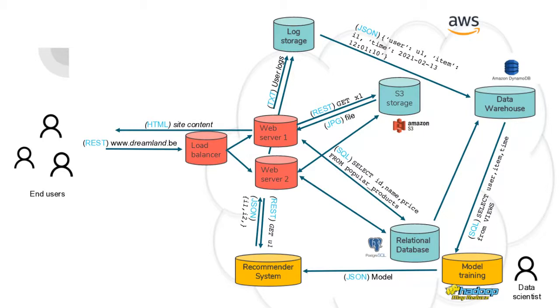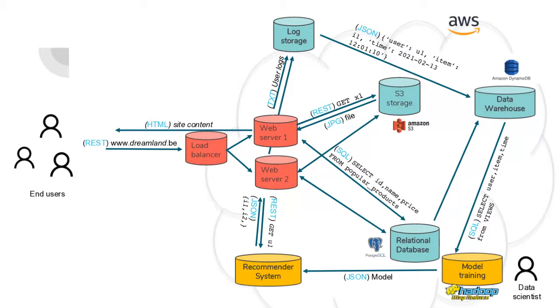So the first thing that happens is you connect, and actually in the backend you connect with a load balancer. So Dreamland maybe has thousands of users every hour, and if they all go to one web server, so one server that gives back the web page, that server would crash. It would go out of memory. So to make the system scalable, you put a load balancer in front of it, and the load balancer balances the load.